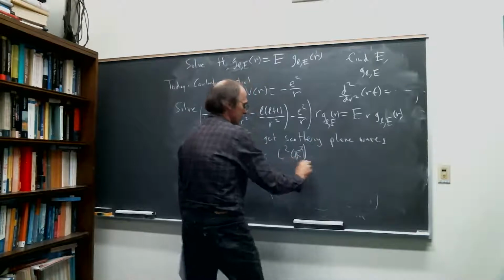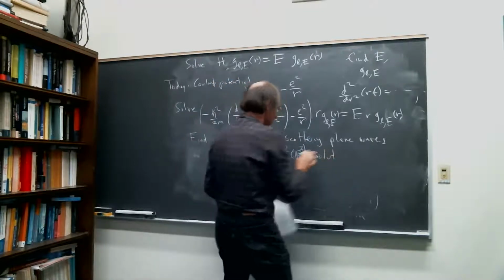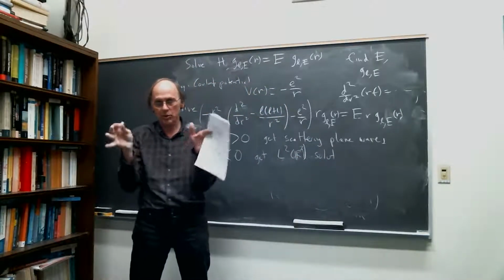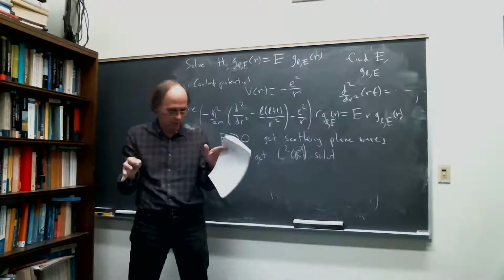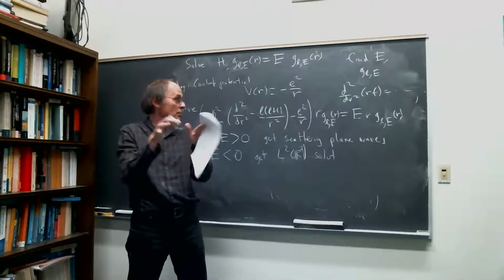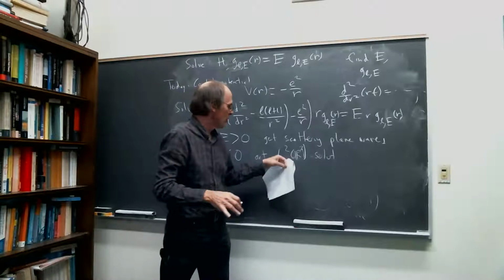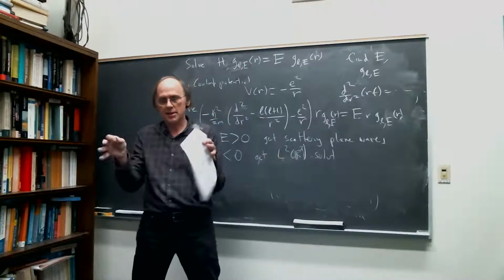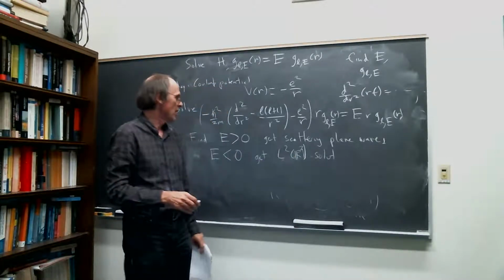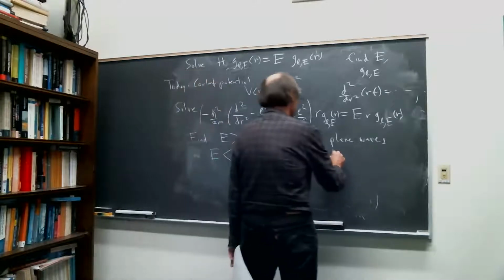So you get normalizable solutions, and these are localizable solutions. Most of the norm of the solution is near r equal to 0.